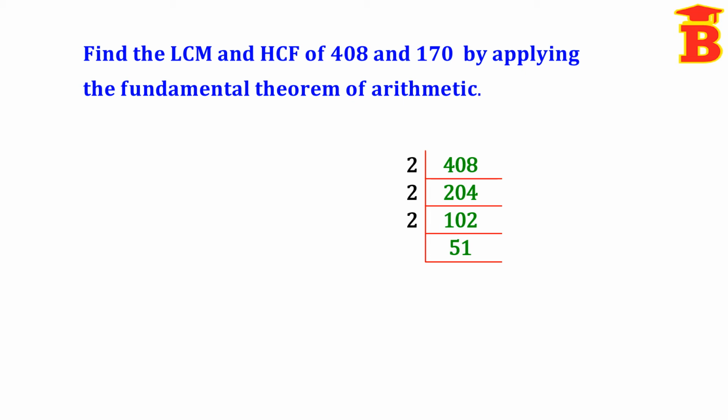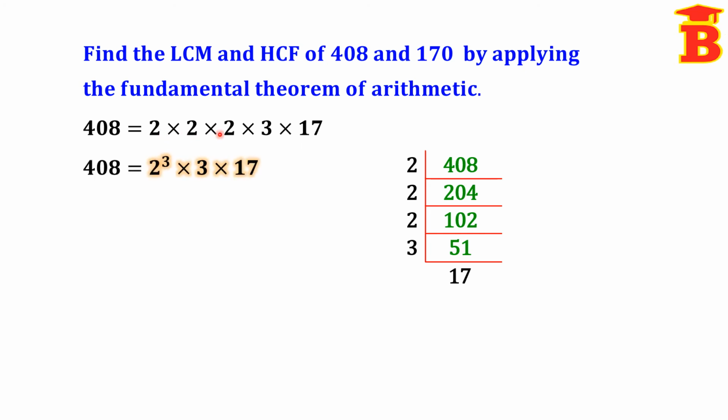And this 51 we can divide by 3. Exactly we get 17 times. So 3 17s are 51. Since 17 is a prime number, we cannot find the factors further. So we stop with this. So 408 equals 2 into 2 into 2 into 3 into 17. Write all the factors of 408. And this is equal to 2 cube into 3 into 17.